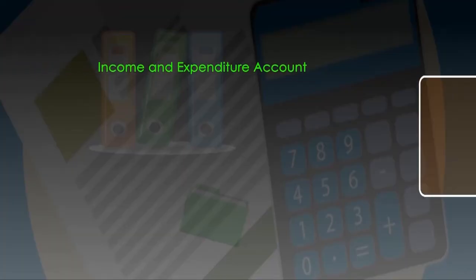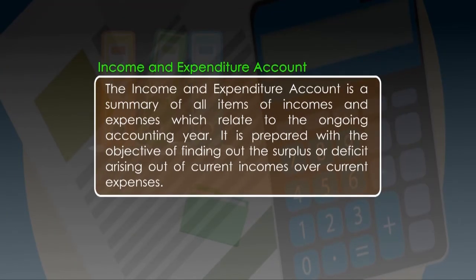Now we have income and expenditure account. The income and expenditure account is a summary of all items of incomes and expenses which relate to the ongoing accounting year. It is prepared with the objective of finding out the surplus or deficit arising out of current income over current expenses.